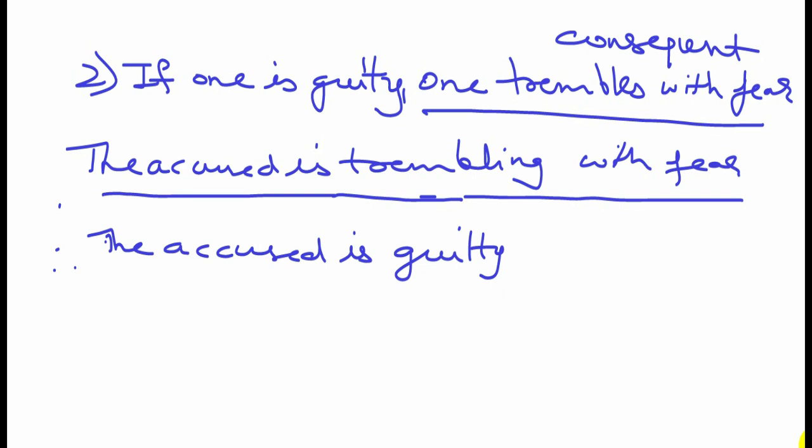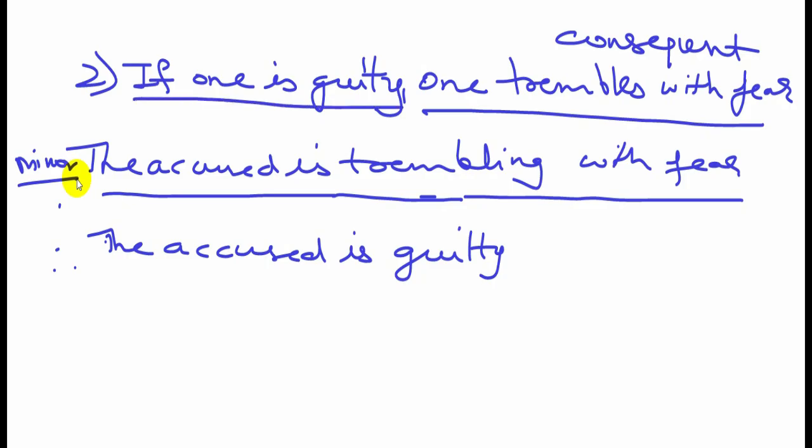But one could be trembling for other reasons also, not necessarily because one is guilty. So this is fallacious, because normally, in a modus ponens, the minor premise affirms the antecedent.